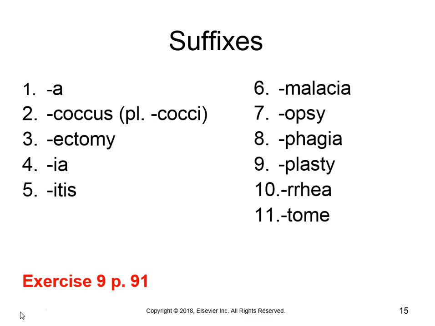Last on the list is tome, and that's another surgical term. That's the instrument that is being used to cut. So if you're doing some kind of plasty surgical repair, your instruments could be suffixed with tome.